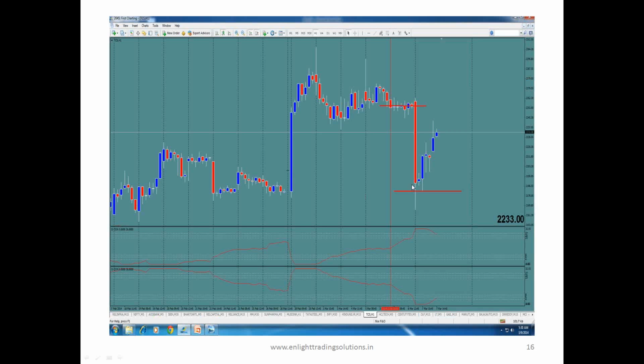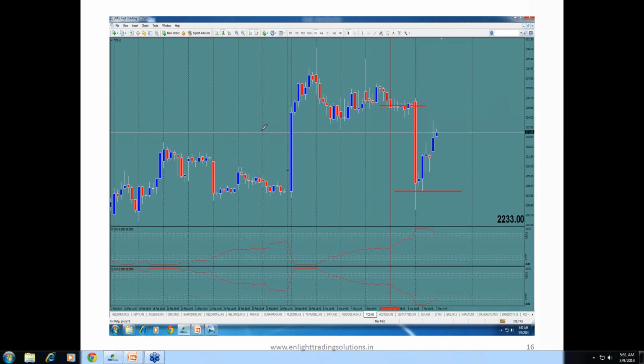So another trade I'll show you. This is again TCS. This is where we got in our buy trades. Okay, our buy trades, our exit was here.